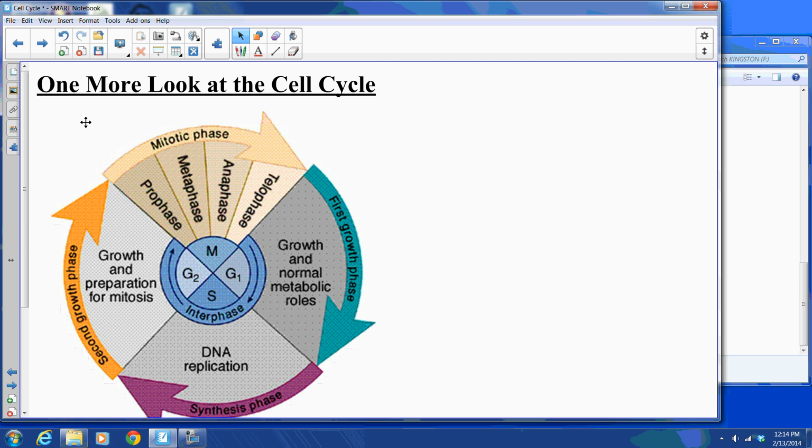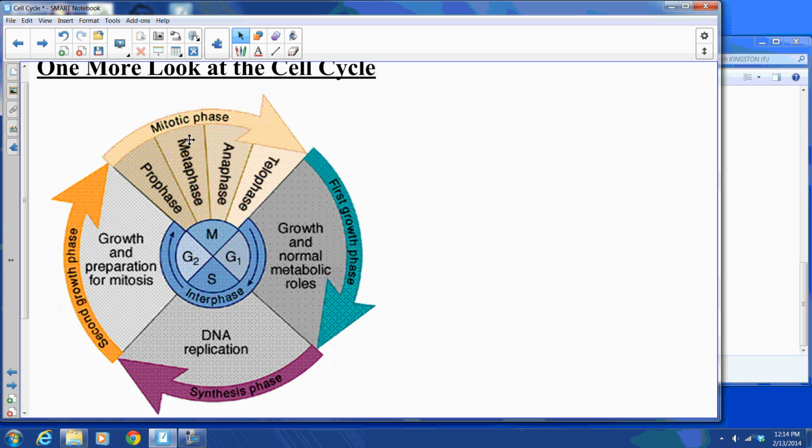I think I've got one more little diagram here that kind of shows the same thing that we've been talking about. Again, a new cell would start here, go through that first growth phase, go through kind of normal processes, then go into the DNA replication, the synthesis phase, and after that, back into the second growth phase, G2, and then into the cell division phase, mitosis.